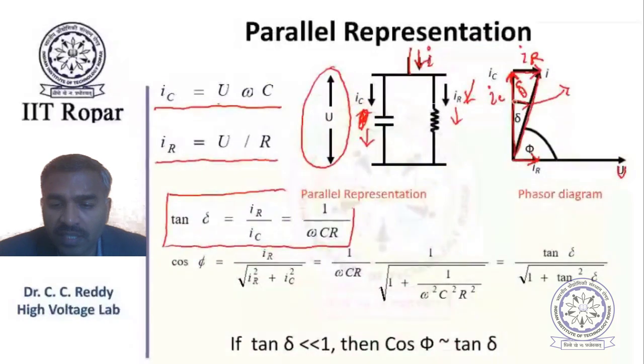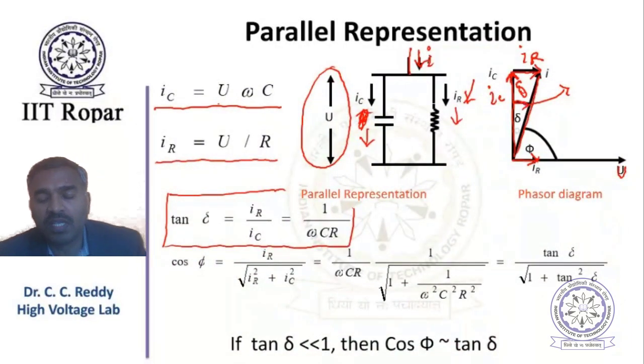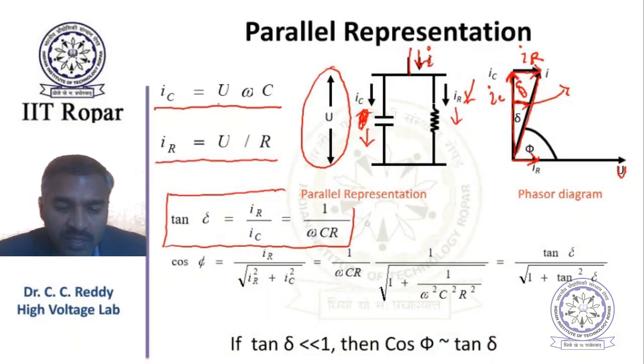Using these quantities, you get tan delta equals 1 by omega CR.